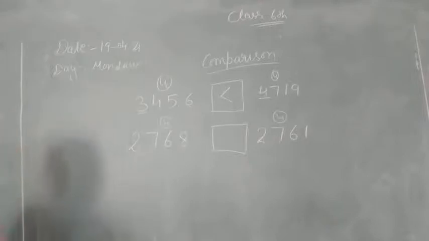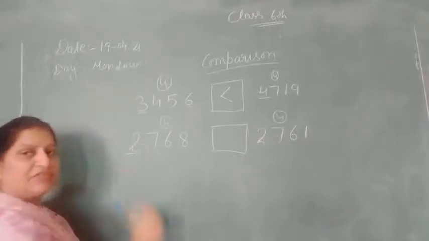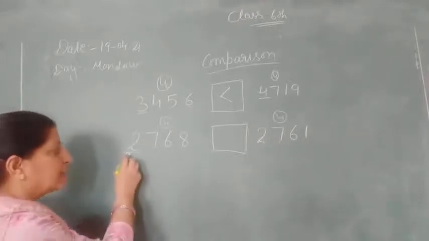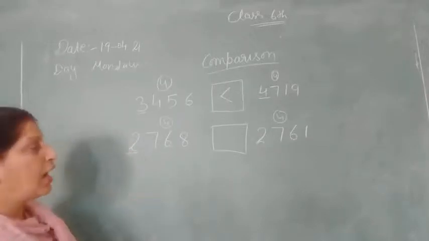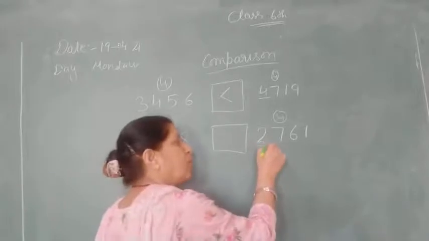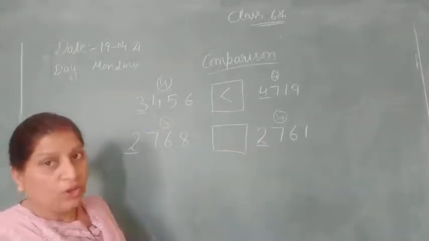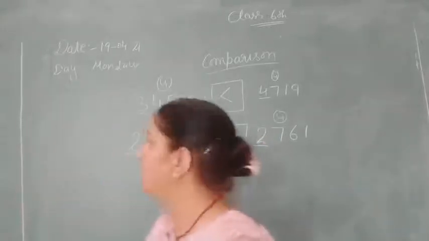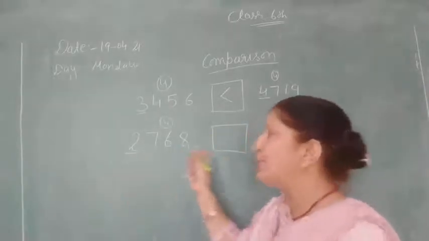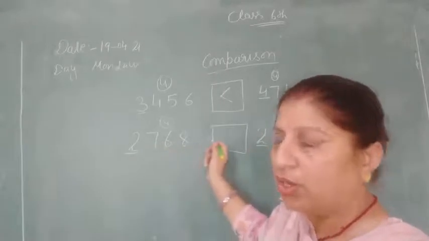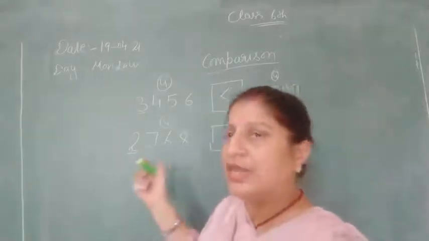So we start from the left side. Here we see that at the 1000 place this number has 2, and in the second number the 1000 place digit is also 2. Now it is difficult to find which number is greater because both place values are equal. So let us see the next place.